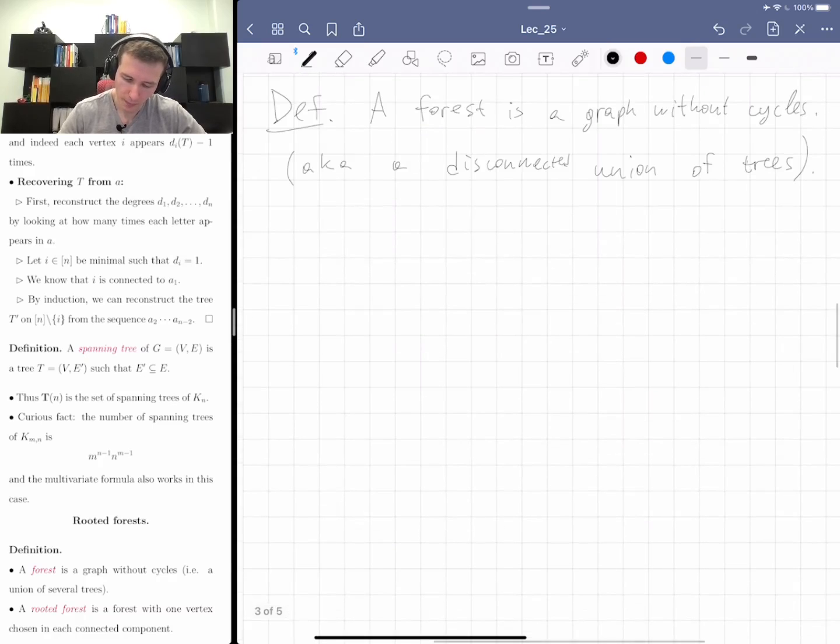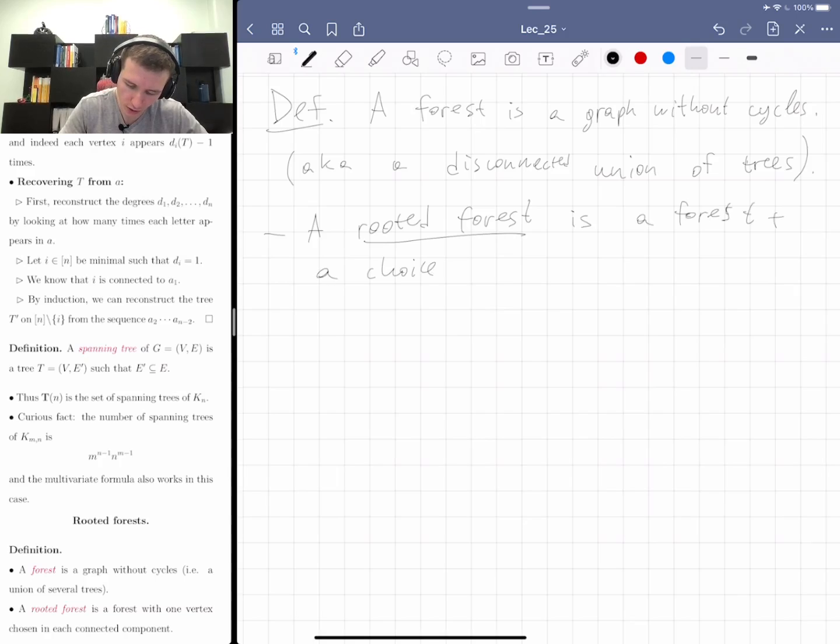And I'm going to be interested in rooted forests. A rooted forest is a forest plus a choice of a vertex, let me call it a root vertex, in each connected component.